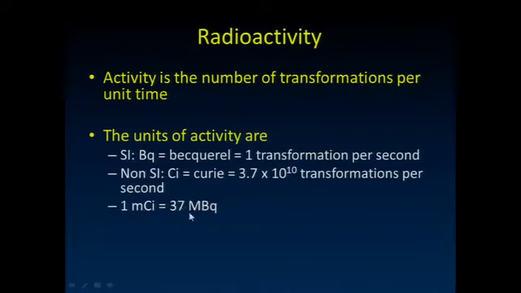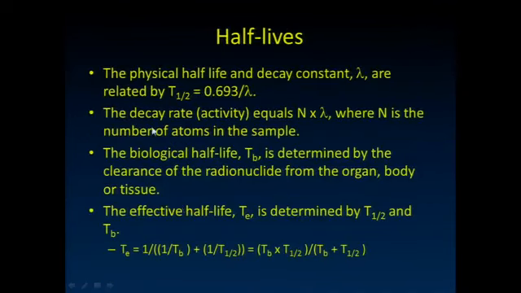And this is one area where we still continue to use the non-SI units. I jokingly say sometimes that's probably because the patient would rather hear us say that we're going to give them 10 millicuries of something than 370 megabecquerels of something, right? Although those are exactly the same thing.